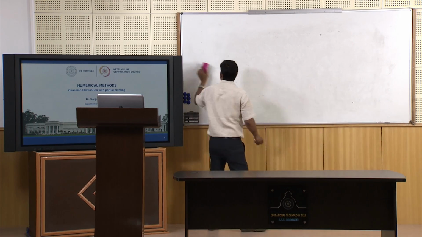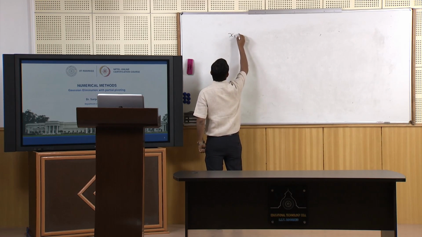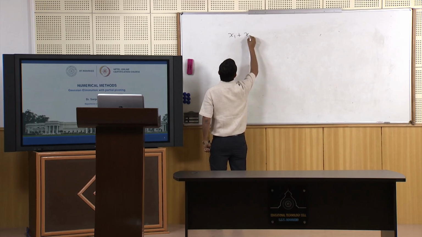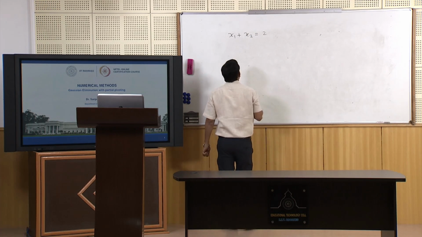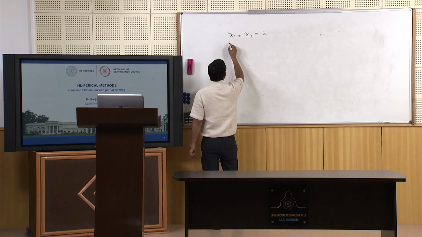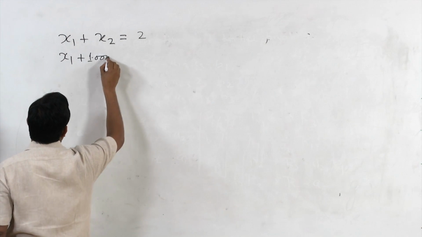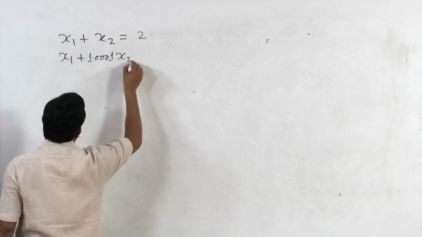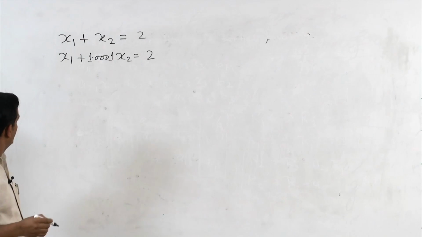So, let us take the first equation as x1 plus x2 equals 2, and the second equation as x1 plus 1.001 x2 equals 2.